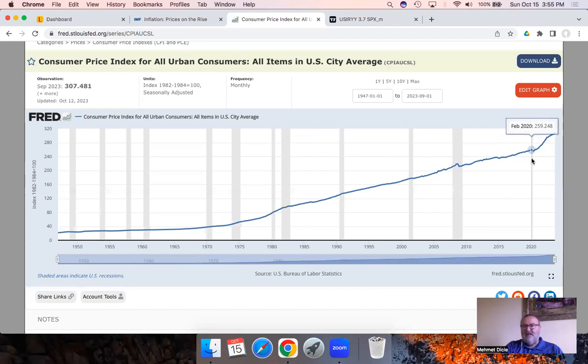So, if you think about prices increasing all that much, that's about 50 index points out of 250, so you're looking at approximately 20%, 25% even. And we have this right here, I'll show it to you in a minute. When you look at salaries, they didn't increase all that much, if at all.